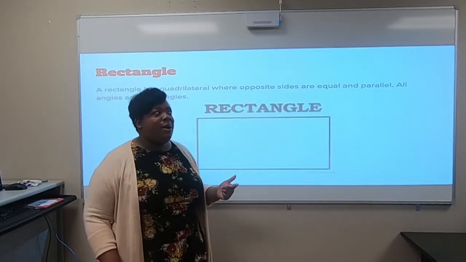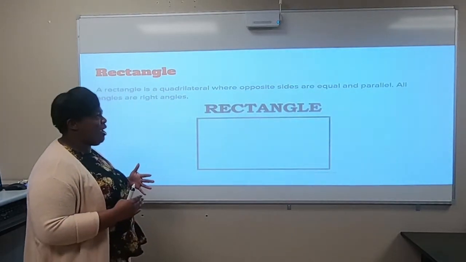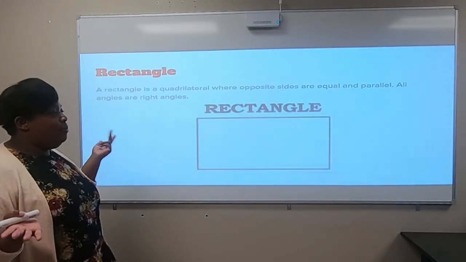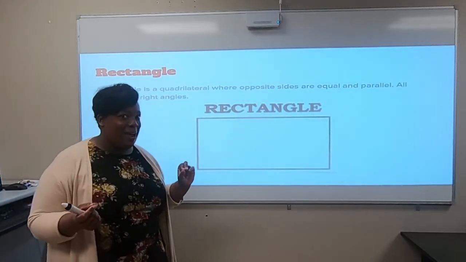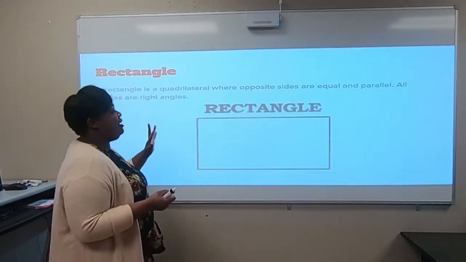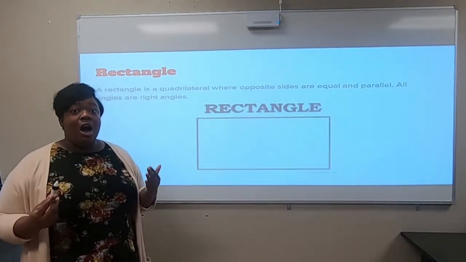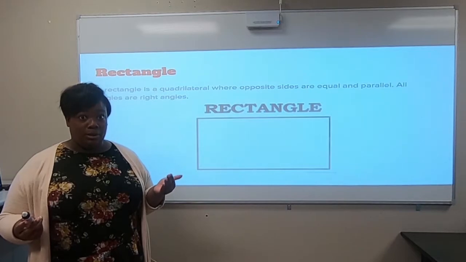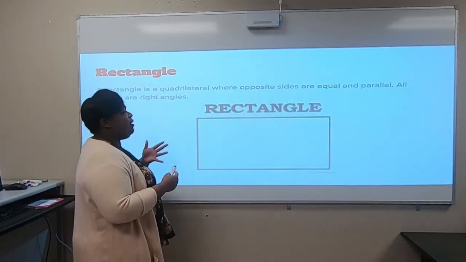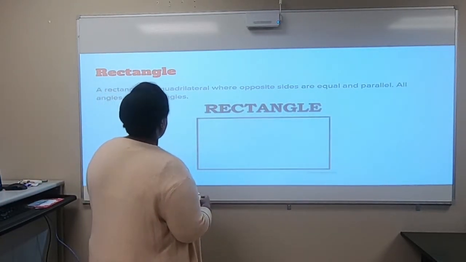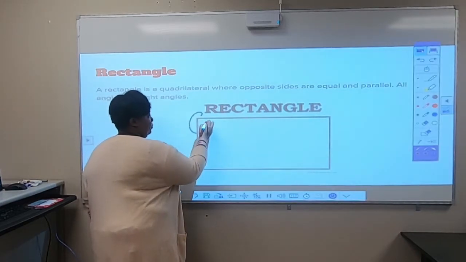Now I know you're wondering, okay, how does that make it different from a parallelogram? Well, I'm going to tell you now. The difference between a rectangle and a parallelogram is rectangles have all right angles, okay? Now, I know you're like, what is a right angle? So look at these angles, okay?